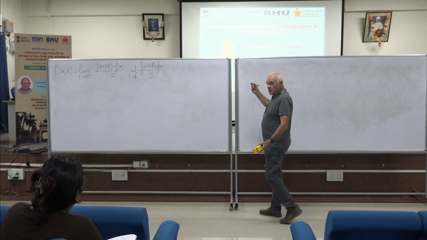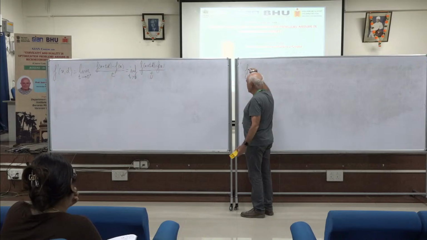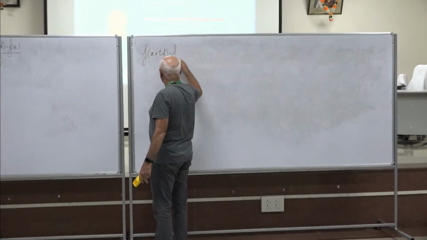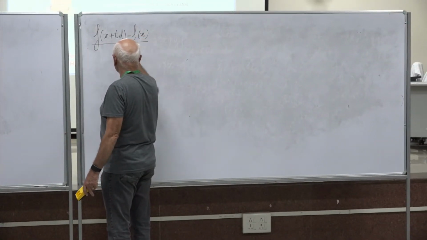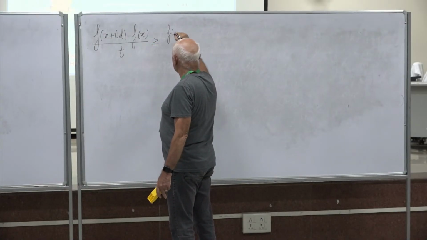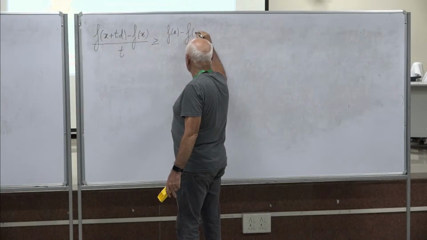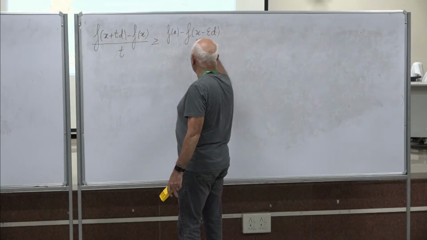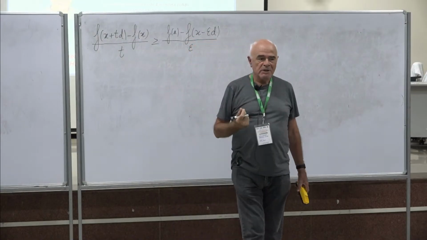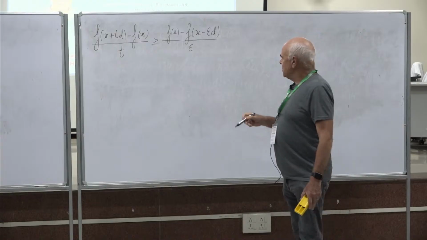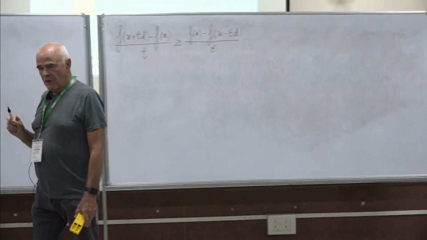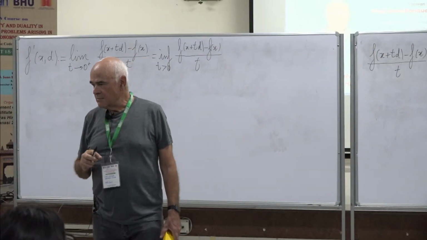Then what I was trying to prove is the fact that for every positive t, this expression is greater than or equal to f of x minus f of x minus epsilon d, divided by epsilon, when epsilon is small enough so that x minus epsilon d is still in the domain of f, so that this value is finite.